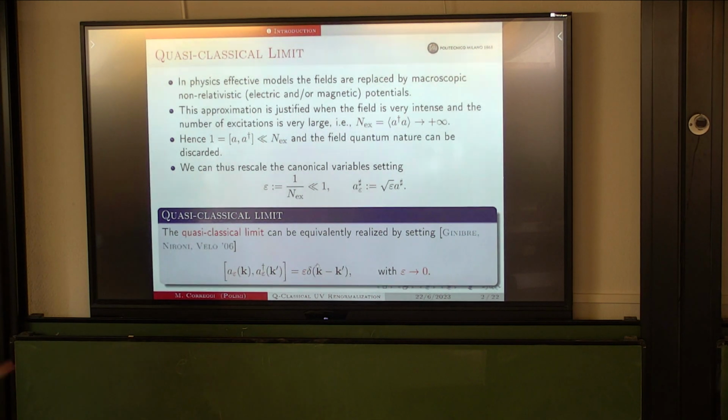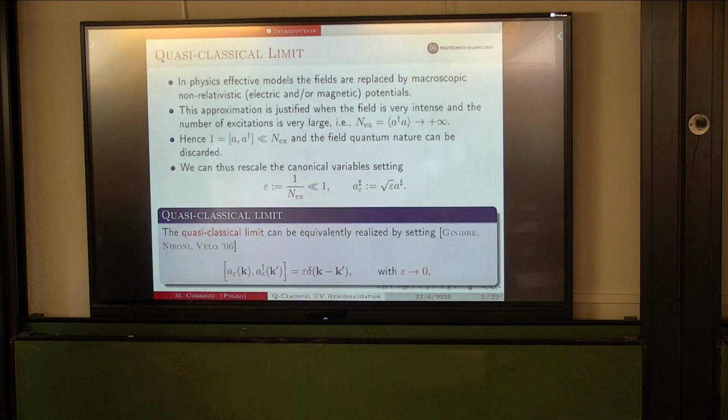Now you can figure out that when epsilon goes to 0, things become classical in a certain way. It's a very old story, but there is a paper in which this is spelled out in detail by Ginibre, Nironi, and Velo in 2006. Okay, so this is what I mean by classical limit, and that's just at the level of the field degrees of freedom.